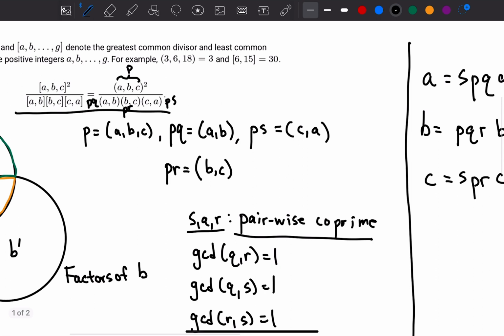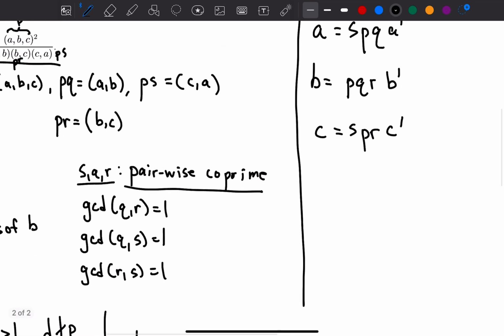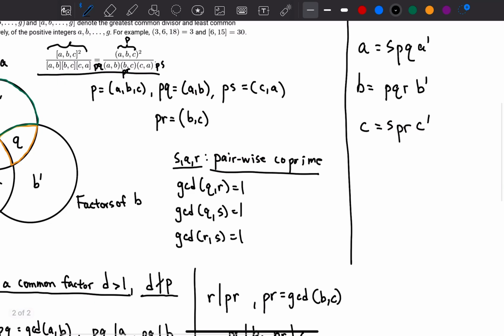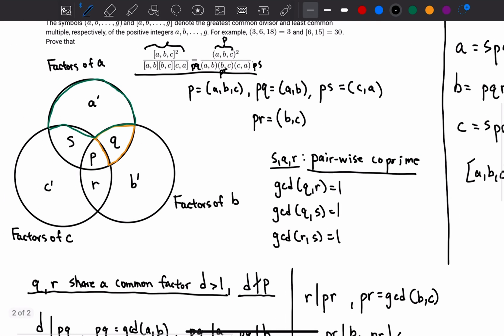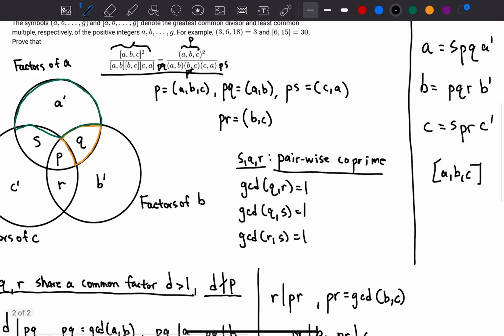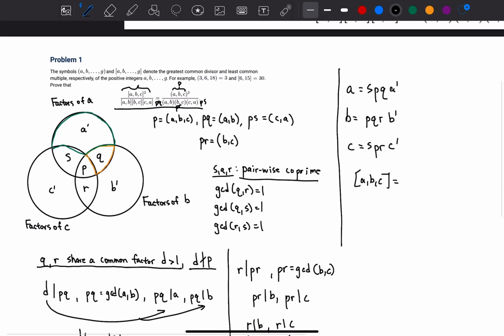So we don't really care about this, but we still haven't done this section yet. So we do that right now. First we need to find the LCM, the least common multiple of all 3, A, B, C. Well, again, go back to the Venn diagram and we see that it's just all of these factors multiplied together. So this equals A prime, B prime, C prime, S, Q, R, and P. And why?